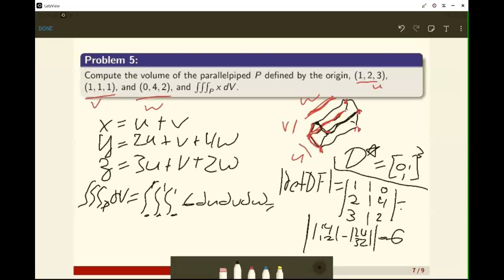And because these are all integrals of constants, we're just going to get 6 overall. That integrating du, we just get 6u, evaluated at 1 is 6, and then do the same for v and the same for w.